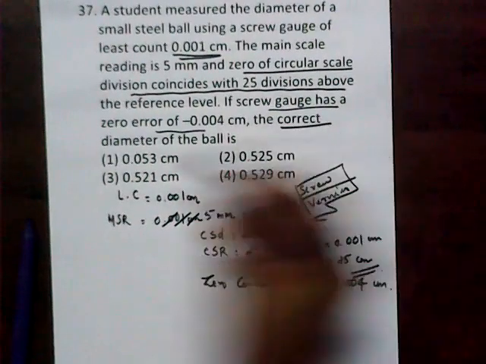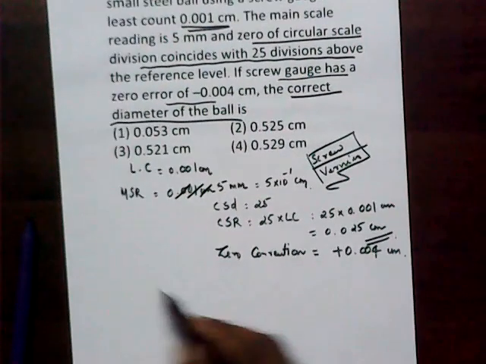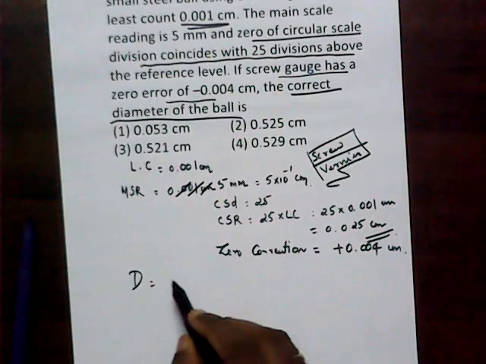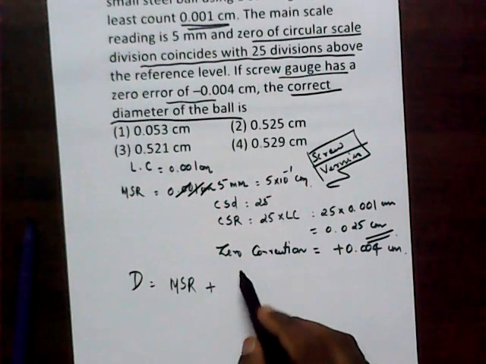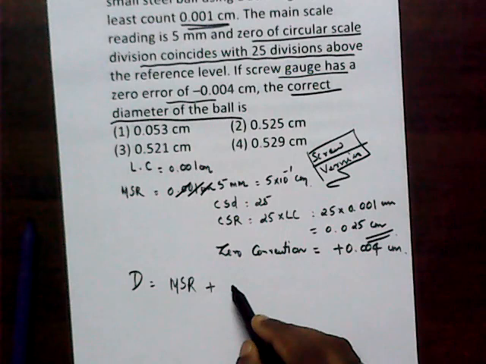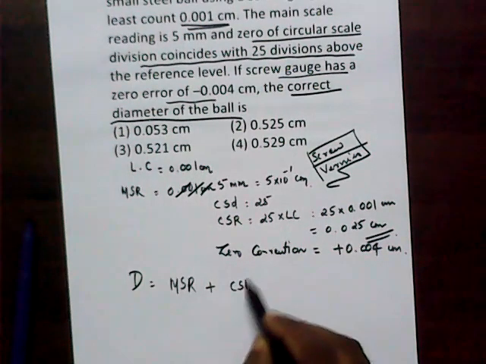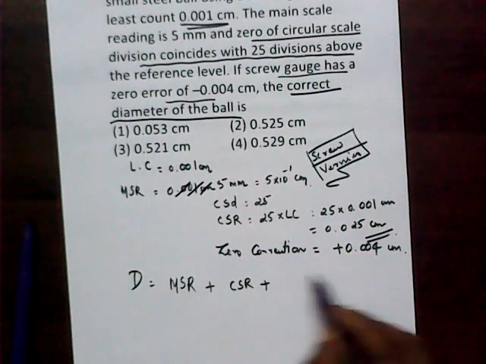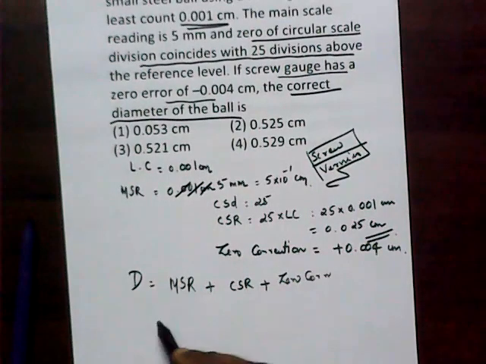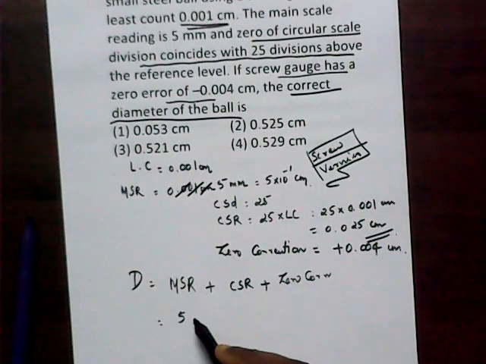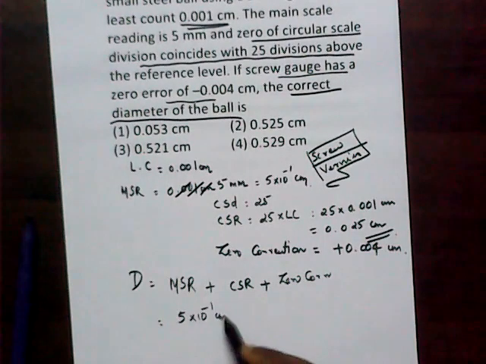Then what is the correct diameter of the ball? The diameter is nothing but the main scale reading plus the circular scale reading plus or minus the zero correction. The main scale reading is 5 millimeter, which is 10 raised to minus 1 centimeter.